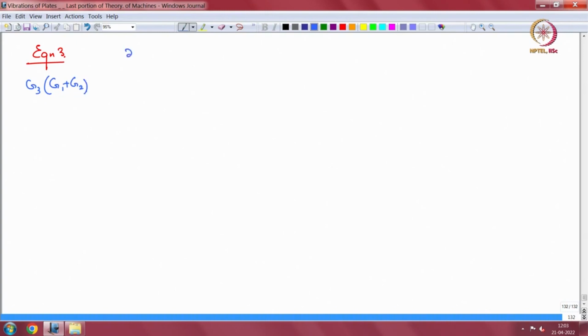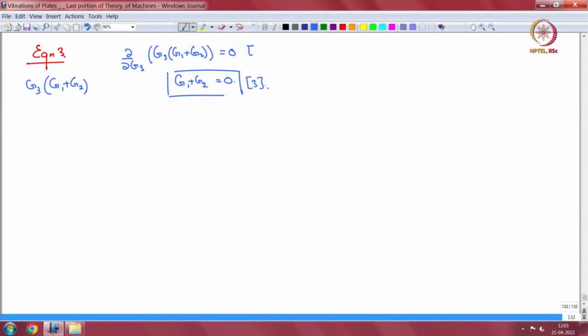So we will have del G3 of G3 into G1 plus G2 equal to 0, which gives me G1 plus G2 equal to 0. That's the third equation.